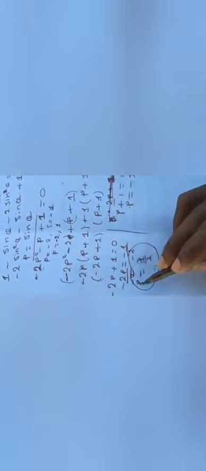Then when we are done, we're also going to find the value for theta when p is equal to negative 1. So let's start with p is equal to 1 over 2.